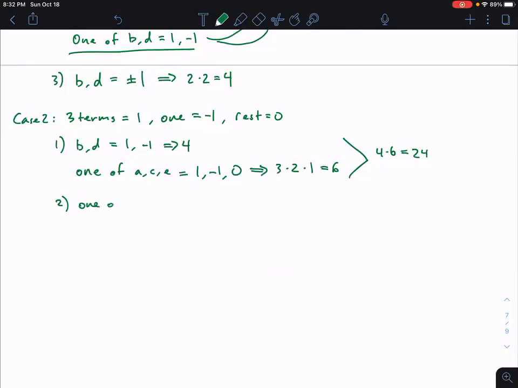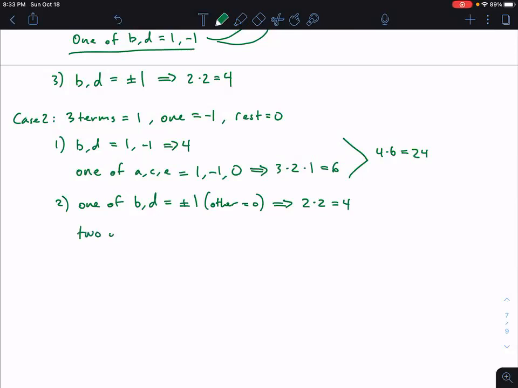Subcase 2. This is the last one. So one of either B or D is equal to either positive or negative 1, which means the other one is equal to 0. To do this, you choose B or D, so 2 possibilities, and then you choose whether it's 1 or -1, also 2 possibilities. Multiply those together to get 4. We have more, actually.